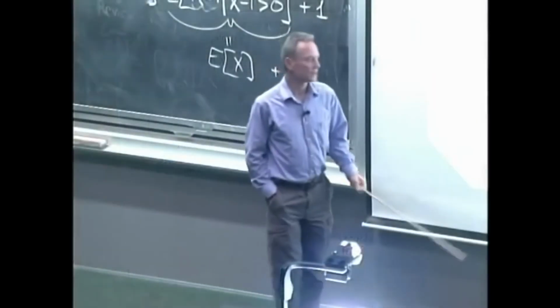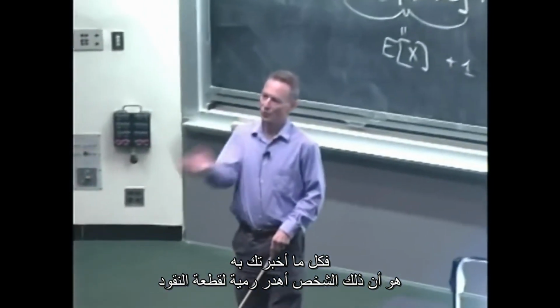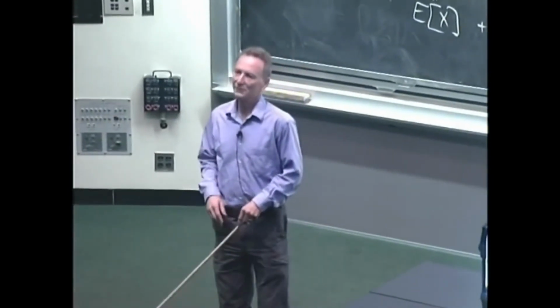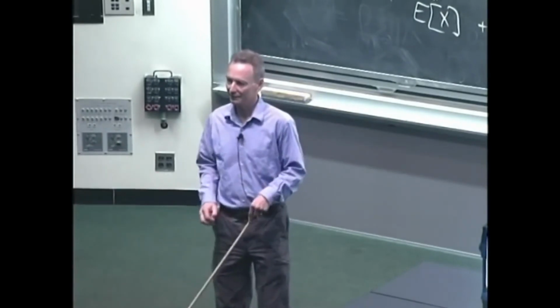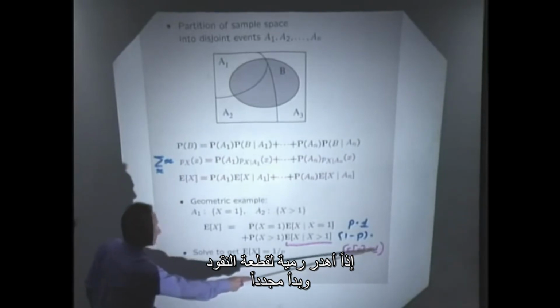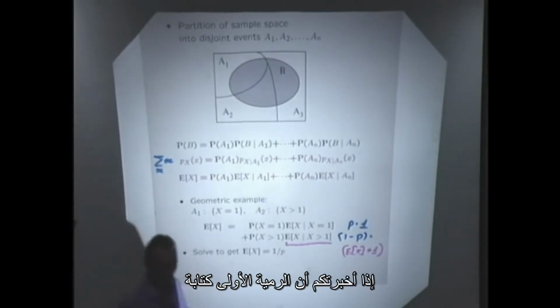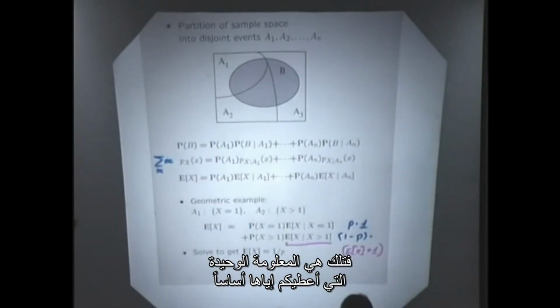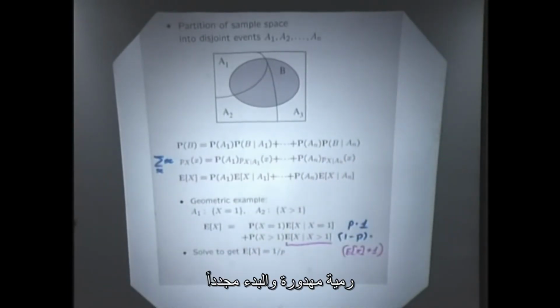Essentially, what it's saying is that if I tell you that x is bigger than 1, that the first coin flip was tails, all I'm telling you is that that person has wasted a coin flip, and they're starting all over again. If I tell you that the first flip was tails, that's the only information I'm basically giving you. Wasted flip, and then starts all over again.